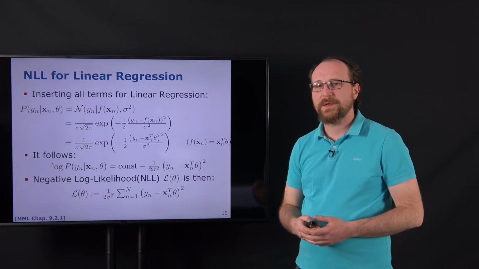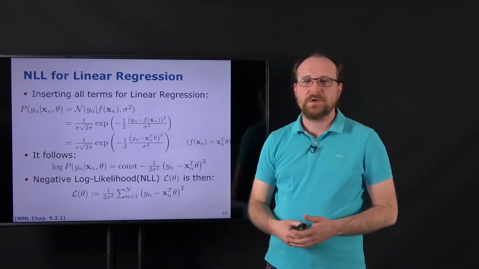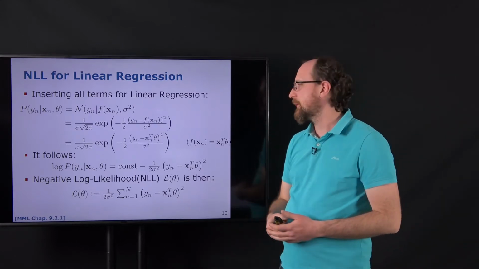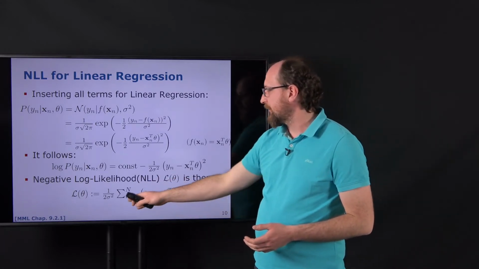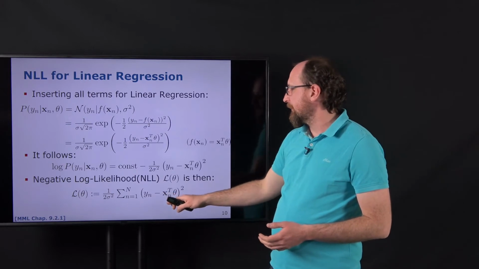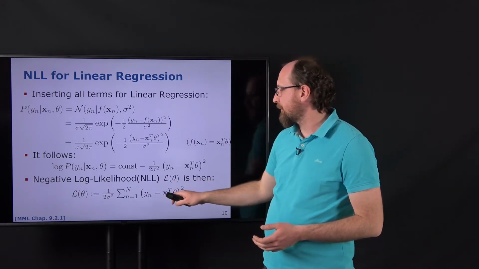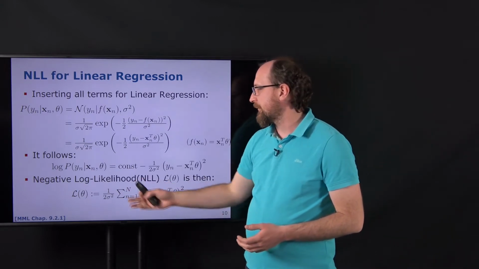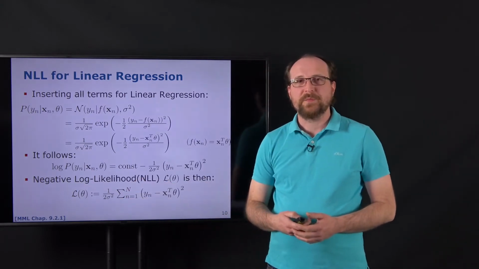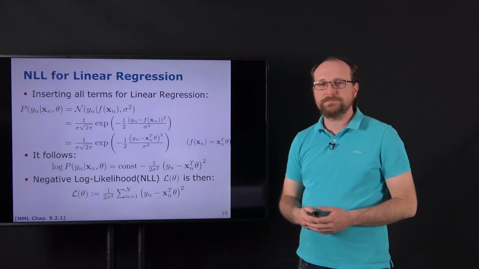When we then plug this into our negative log likelihood, we get this whole term here. So we have the sum over the square of the target minus the estimated value, and we have some normalization term in front of this.